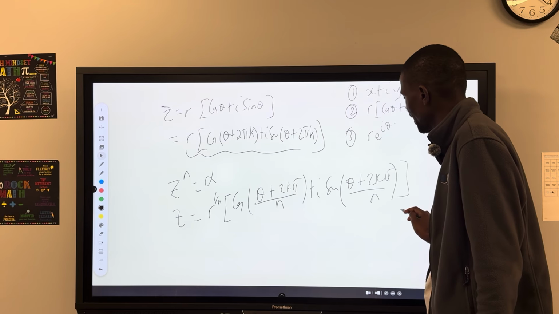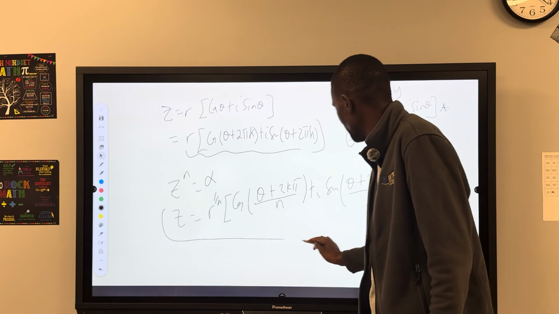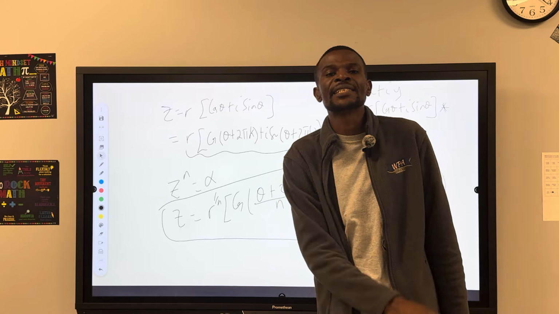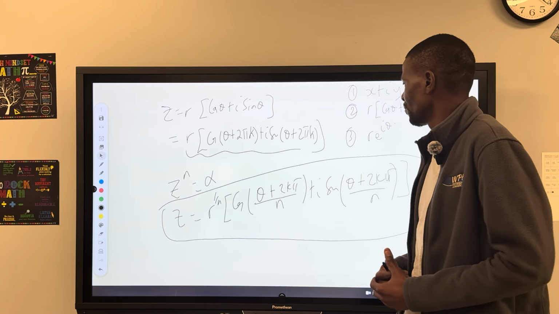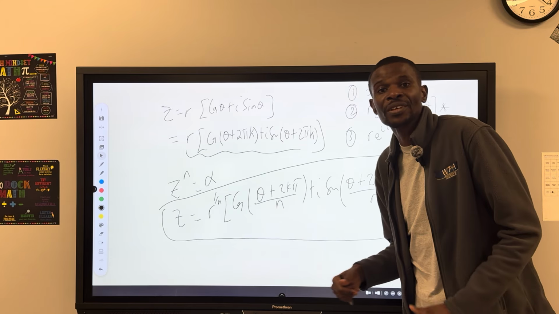So this formula here, guys, is very, very important. You need to memorize this when you are finding roots of complex numbers.